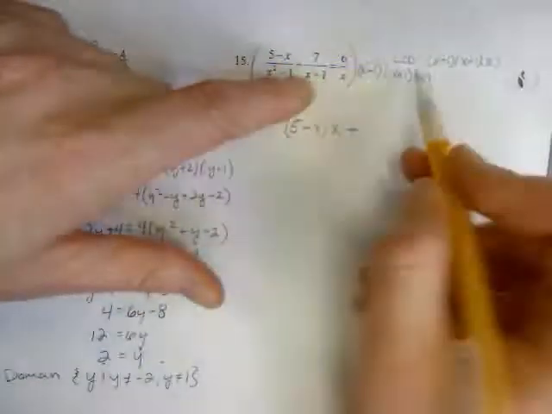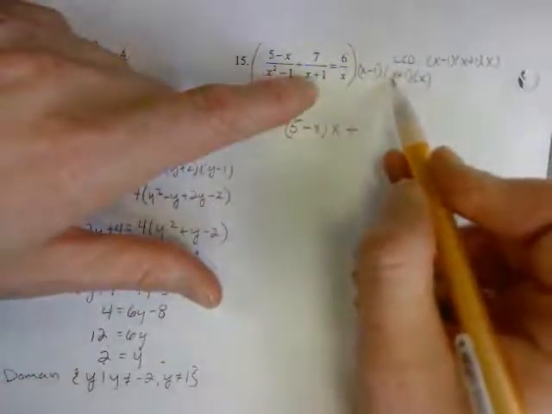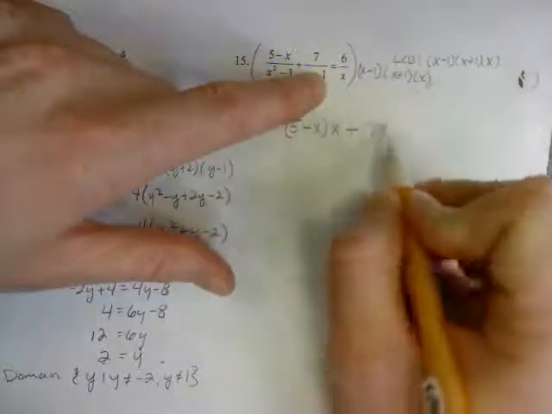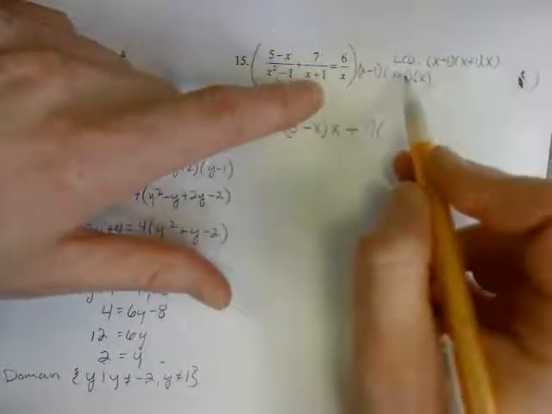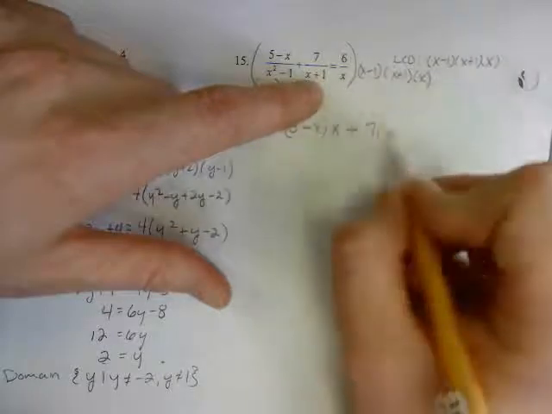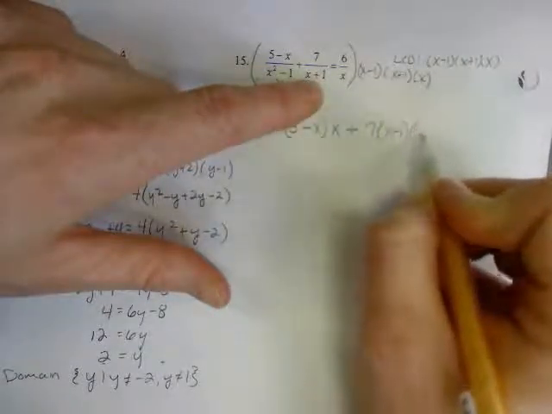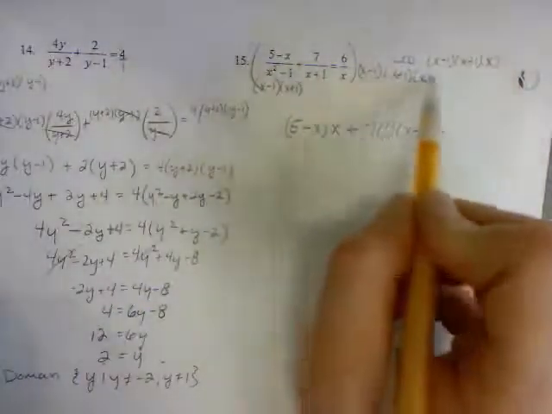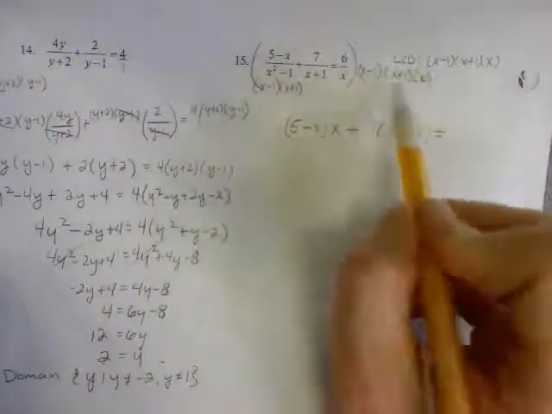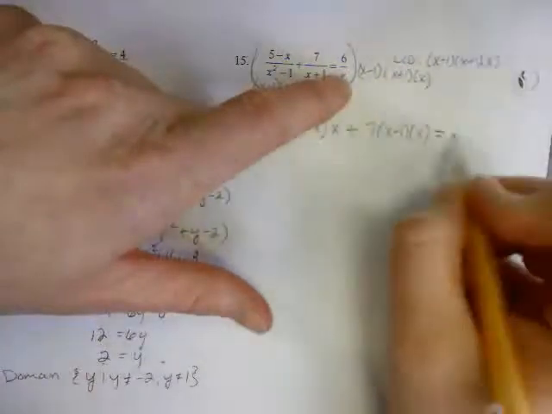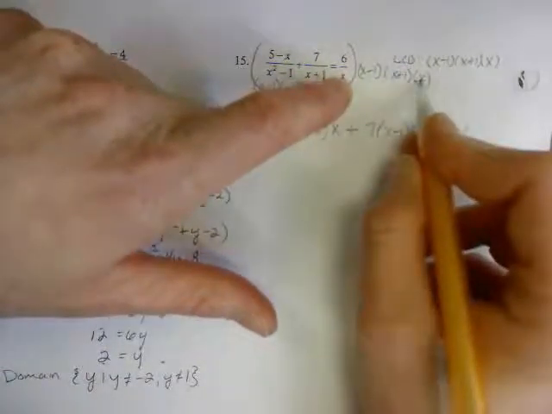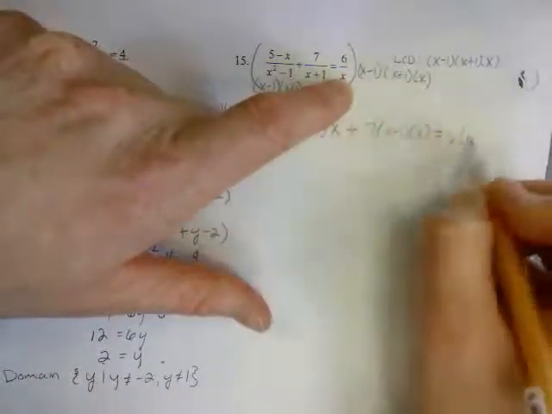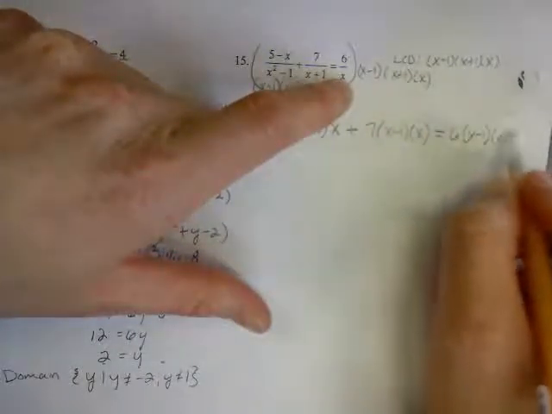The x plus 1 would cancel with this x plus 1 for this term, so I'd have to multiply the 7 by everything except for the x plus 1. So 7 times x minus 1 times x. And in this expression, I have to multiply by all of it, so the x's end up canceling. So I have to multiply 6 by everything but this x that just cancels, which is x minus 1 times x plus 1.